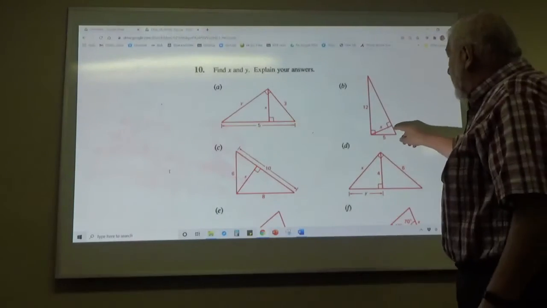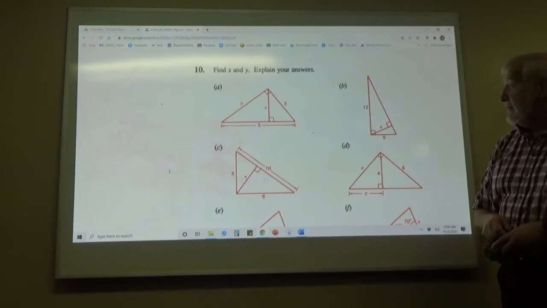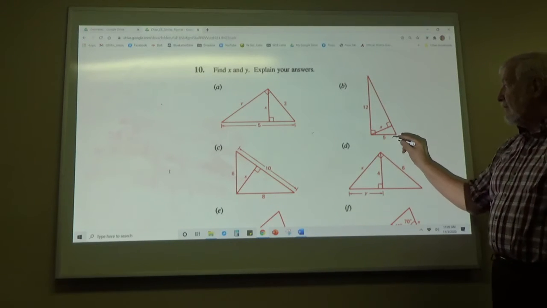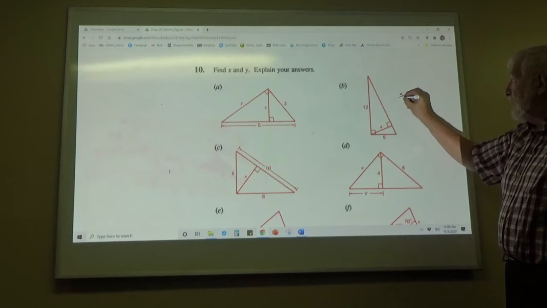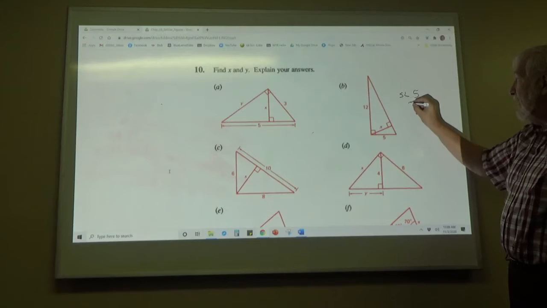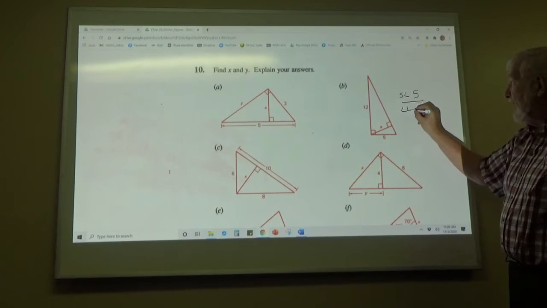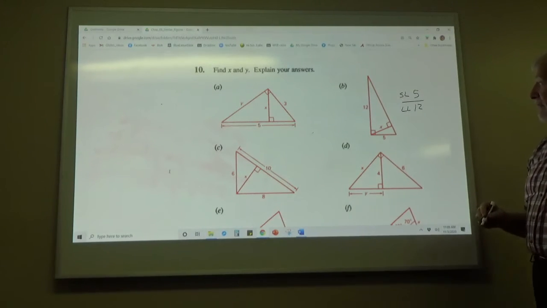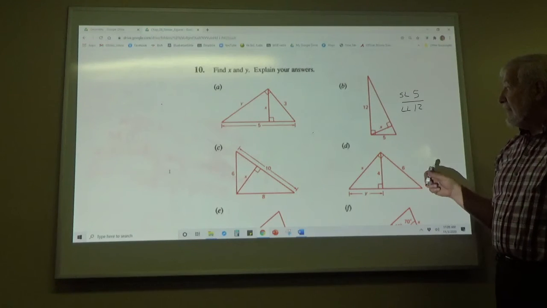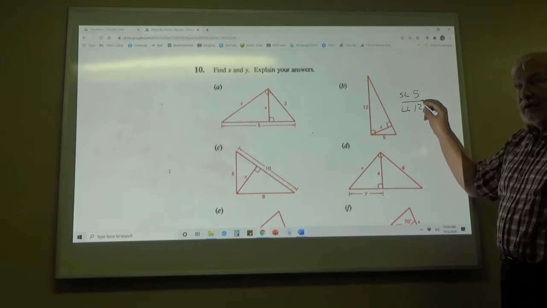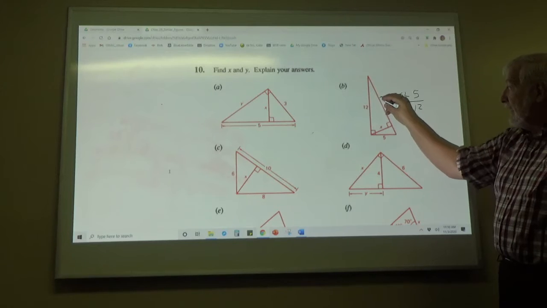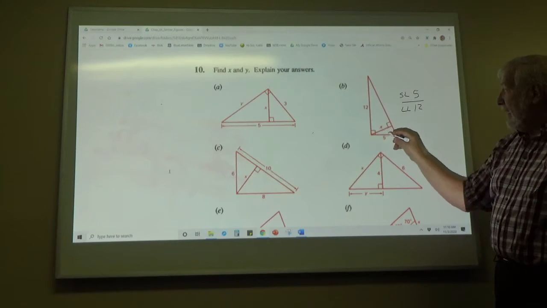All right, so if you have this figure again, we have proportional sides. The 5 is the short leg of the big triangle, and the long leg of the big triangle is 12. Now, if I'm going to use the x, I have to use a leg. I can't use one here.